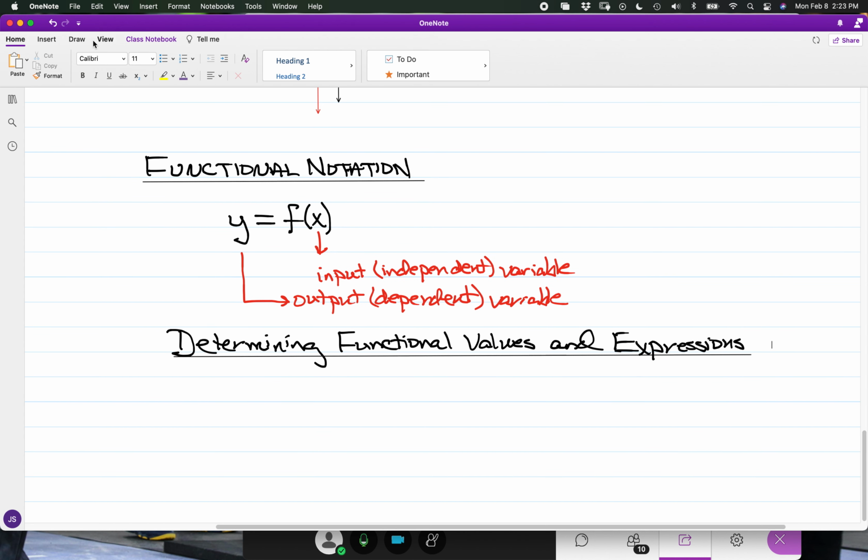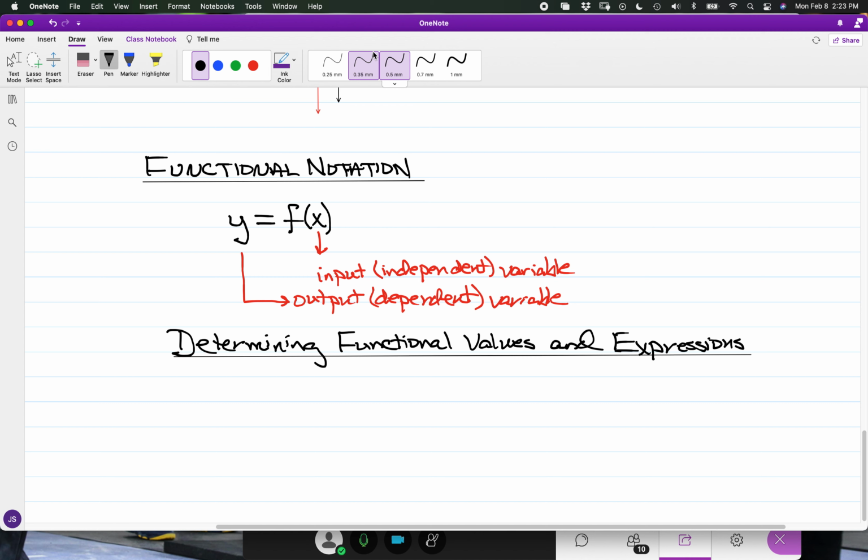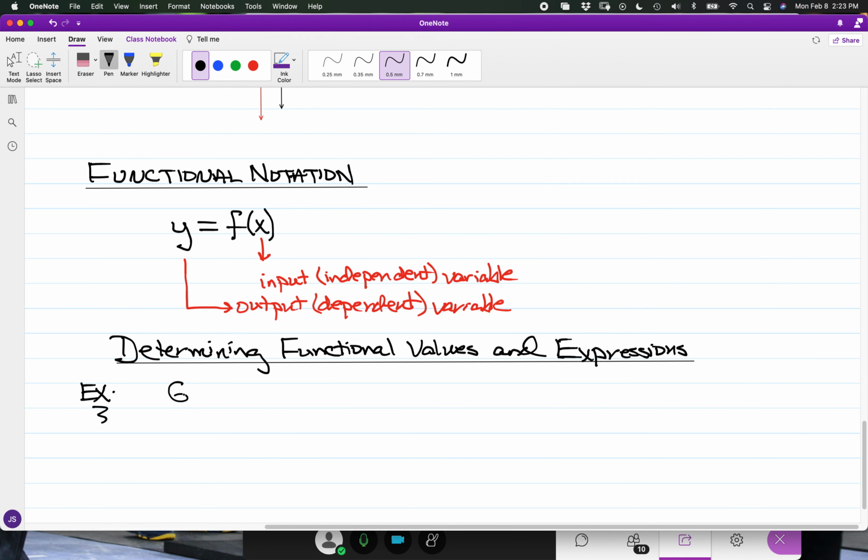Now let's say we have a case of a function.